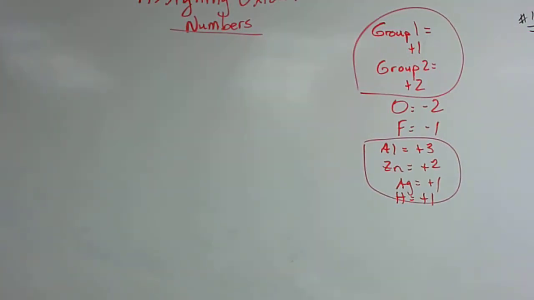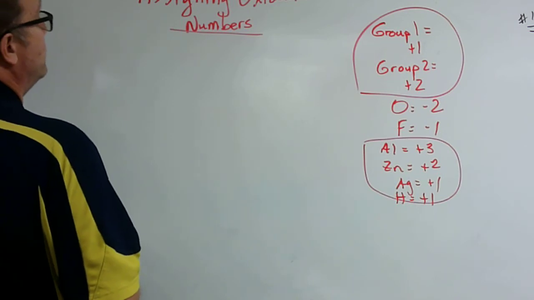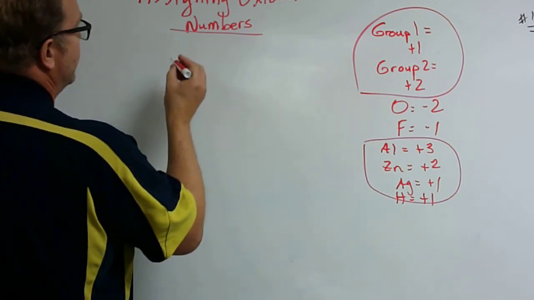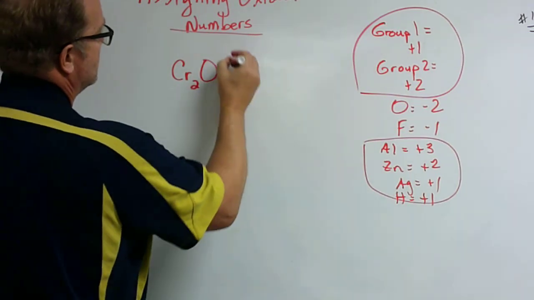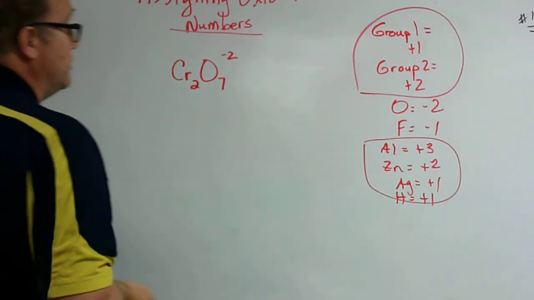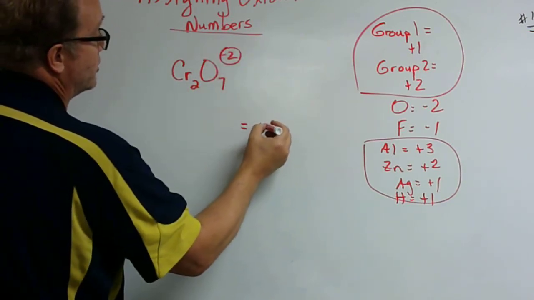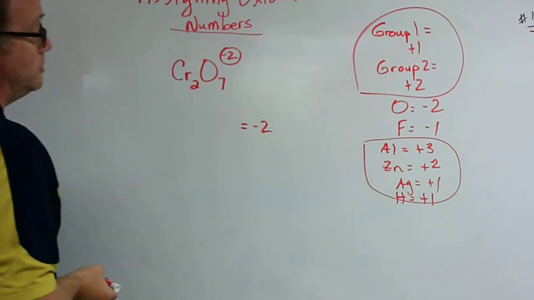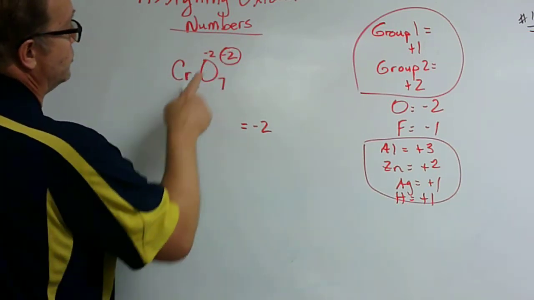Let's do another one, and then this will be my final one. Let's do the dichromate ion. And they don't really get more complicated than this. It is nice you don't have to deal with parentheses or anything. We know that the overall charge of this has to be a negative 2. We know that the charge of that oxygen is going to be a negative 2.